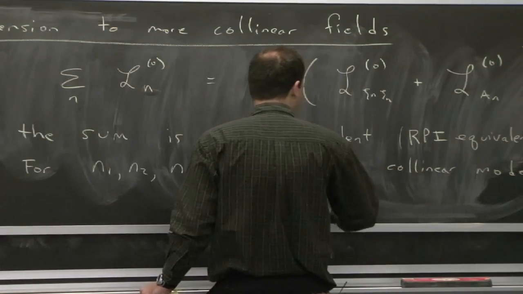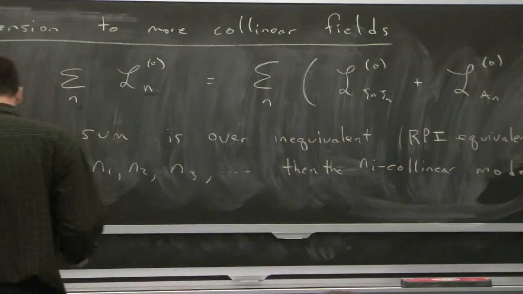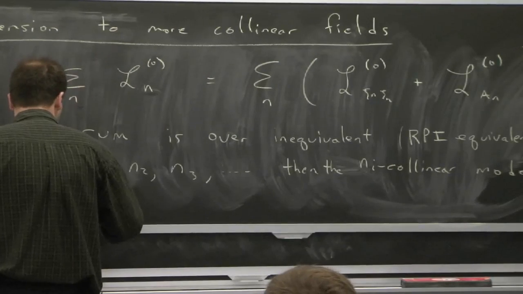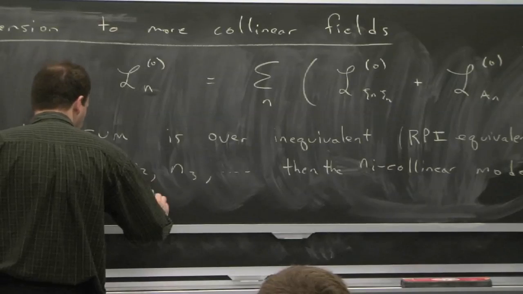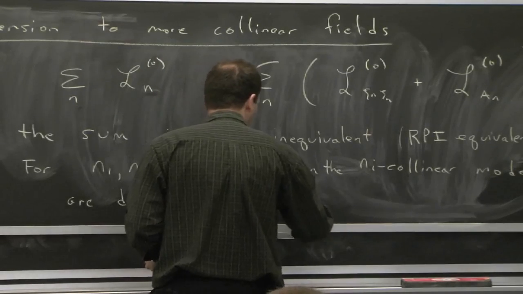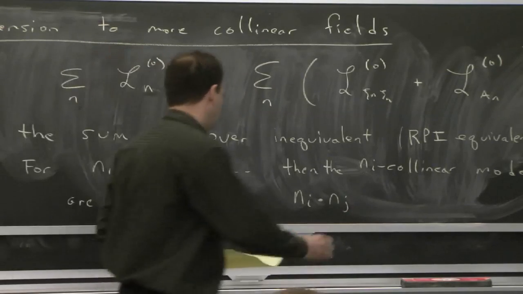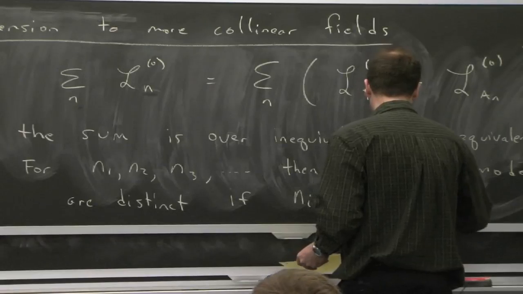So let me say that the Ni collinear modes for any i are distinct if, and there's a condition, if I dot two of these n's together, they should not be close together.